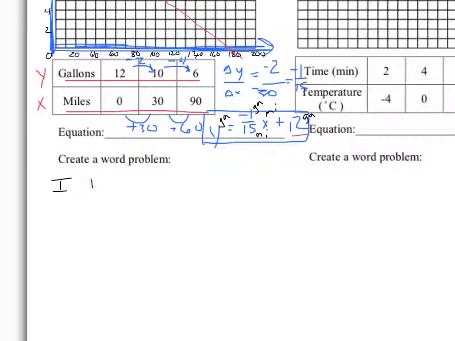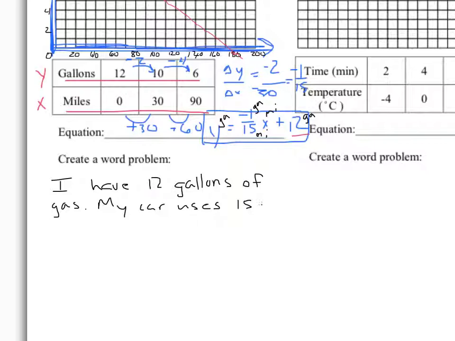So I think through this. I start with my starting point. I have 12 gallons of gas. My car uses, this is the negative portion of it, 1 gallon every 15 miles.